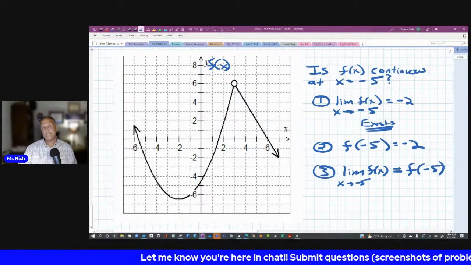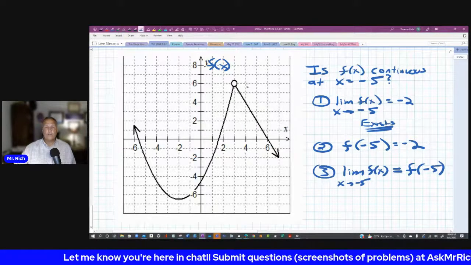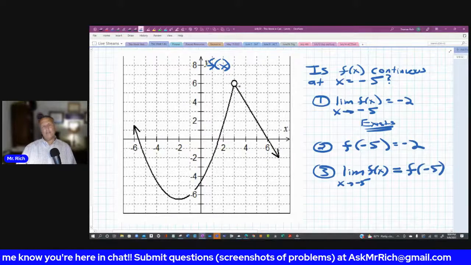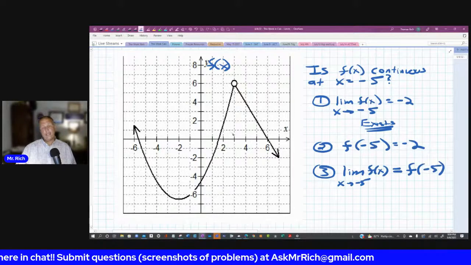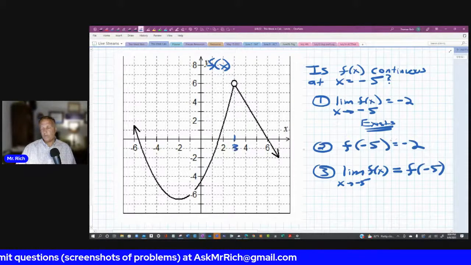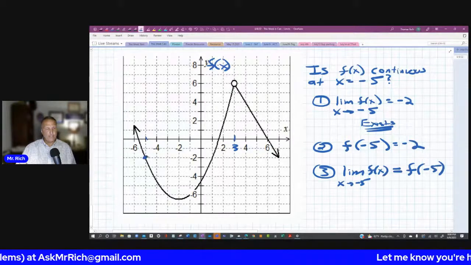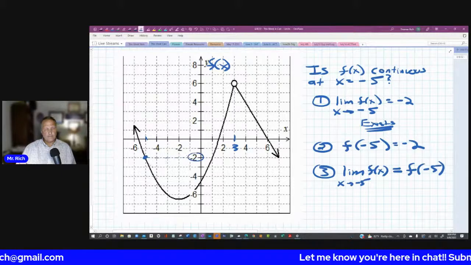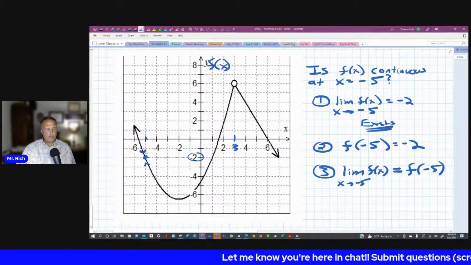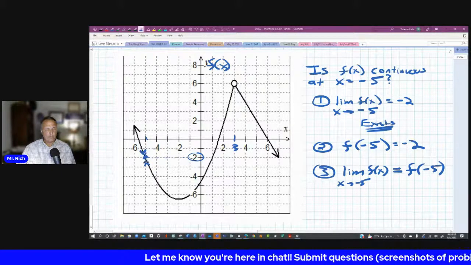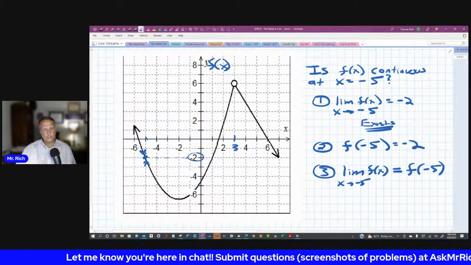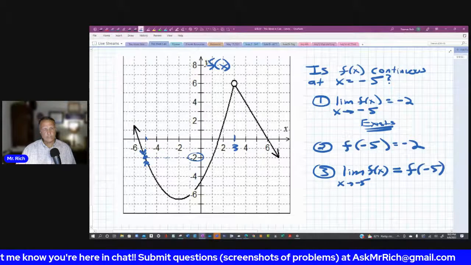So let's wrap this up at -5. Here at -5, the function exists. It's -2. But also as I come in from the right and from the left and get closer and closer to x equals -5, the function gets closer and closer to the same value of -2.